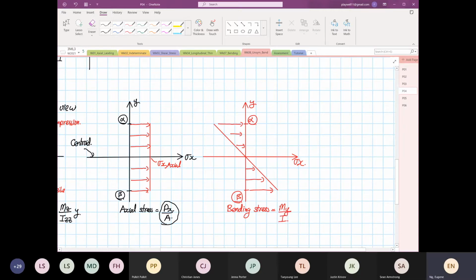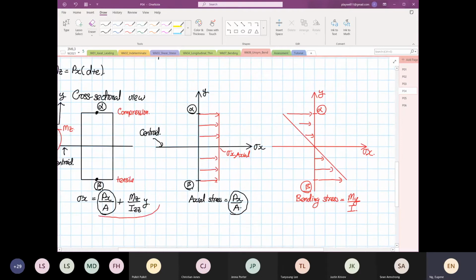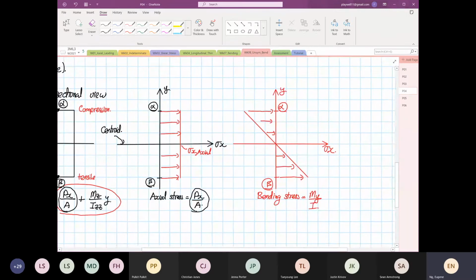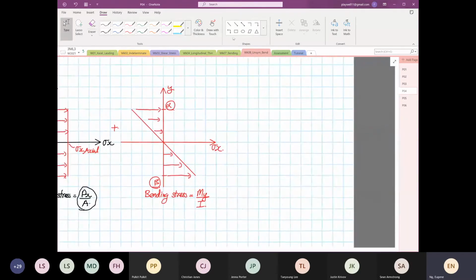Okay. Now, the formula says if you add both of them, how does this look like? So this plus this, right? What are you going to see? You're going to see this. Okay, so I'm going to draw over here, then I'm going to draw our axis.